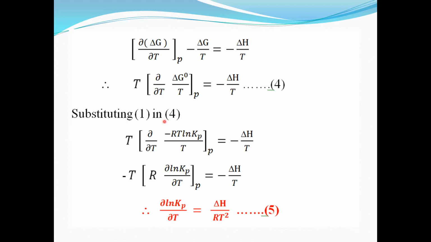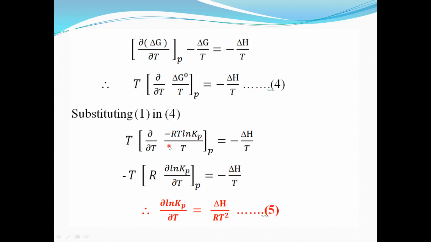So substituting the value of delta G naught in equation number 4, we get T into the partial derivative with respect to T of minus RT ln Kp divided by T is equal to minus delta H upon T.